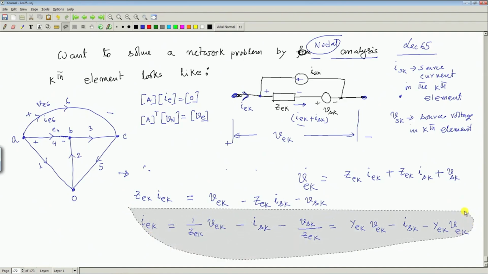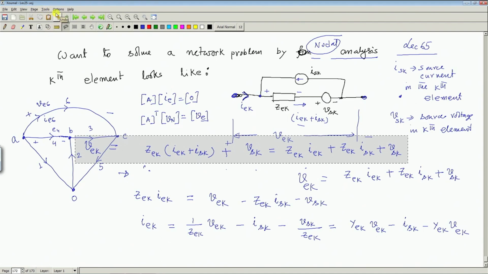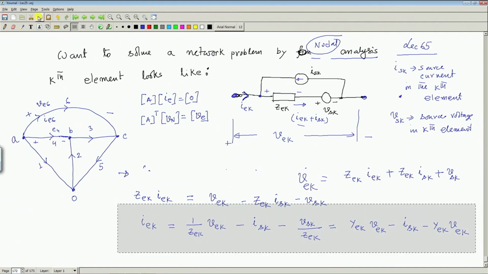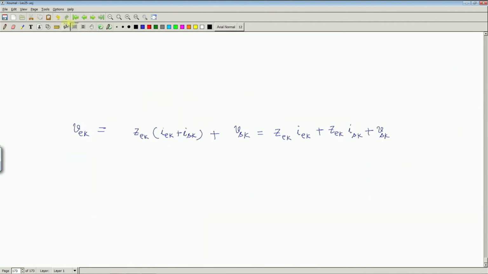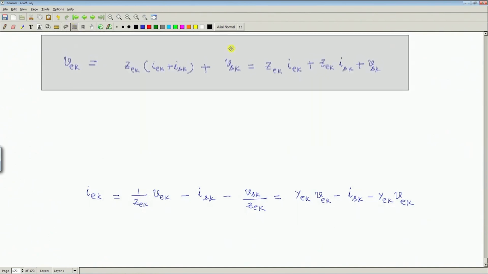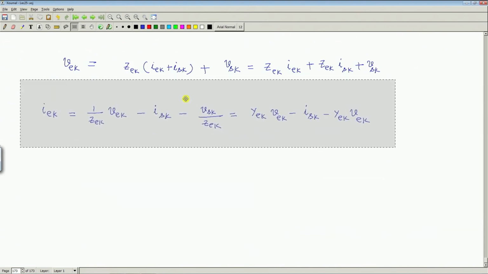So I will copy this one. From this equation I got this equation, so I E K is this one.